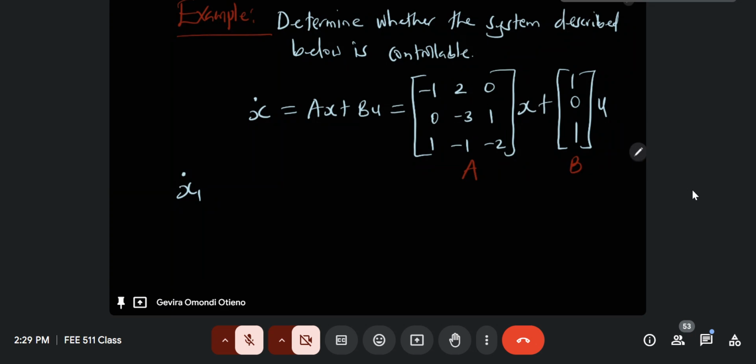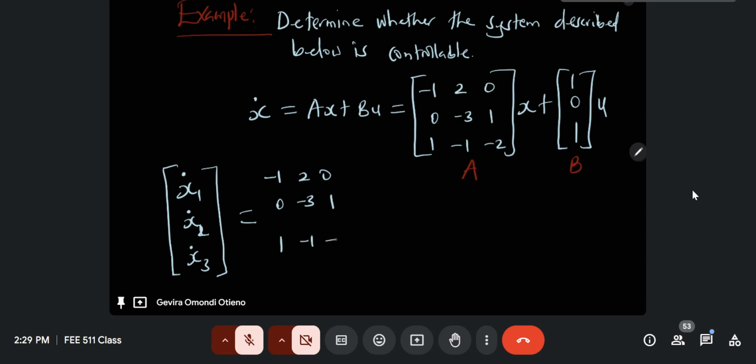But we can rewrite this system as x1, x2, x3, because we now know there are 3 state variables involved by virtue of the order of the state matrix. So we have -1, 2, 0; 0, -3, 1; 1, -1, -2.